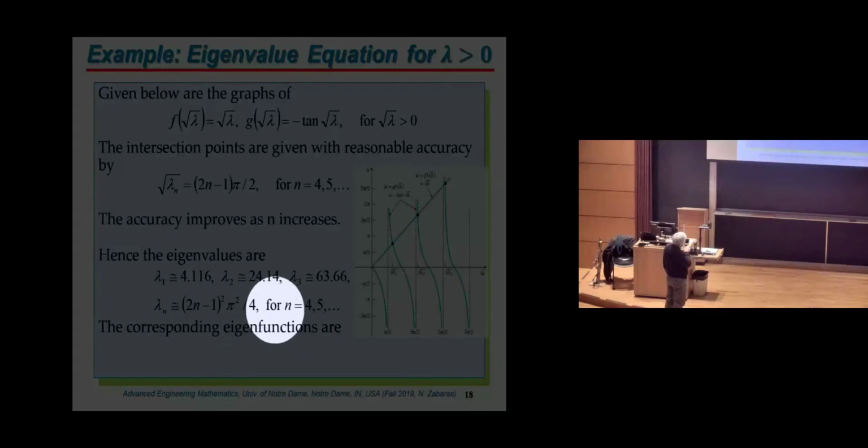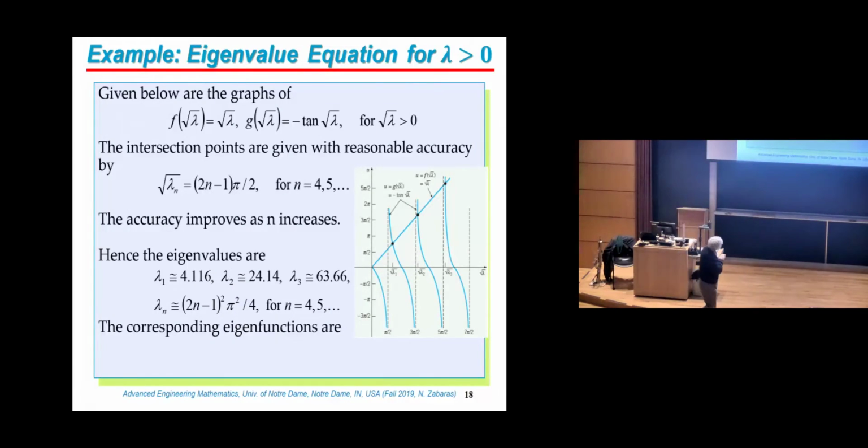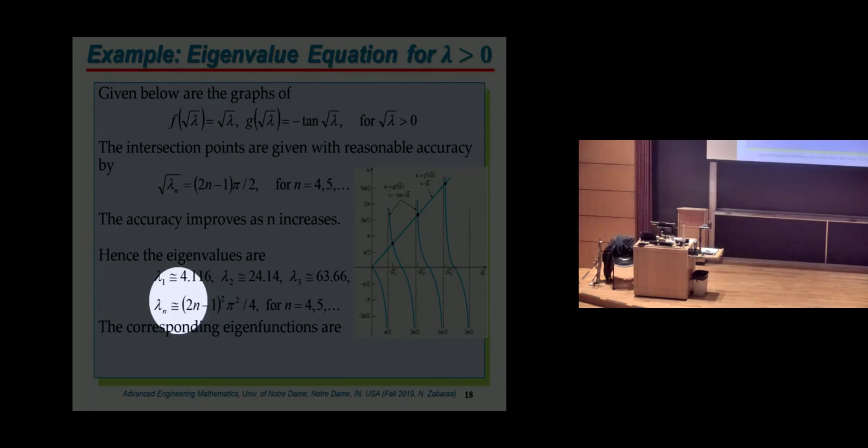So you can see, for example, for n equal to 4, what is the square root of lambda? The plot is missing it, but it's here. For n equal to 4, you have 7 pi over 2.